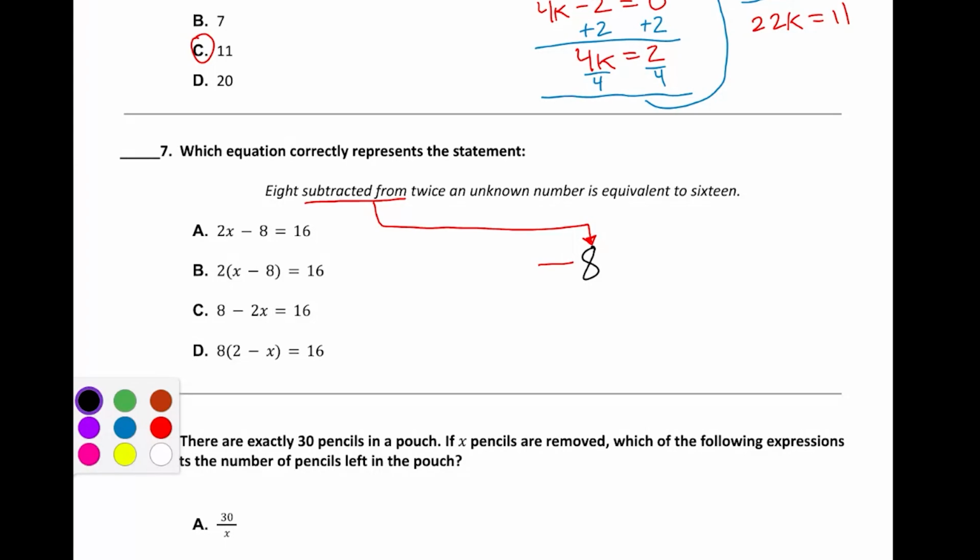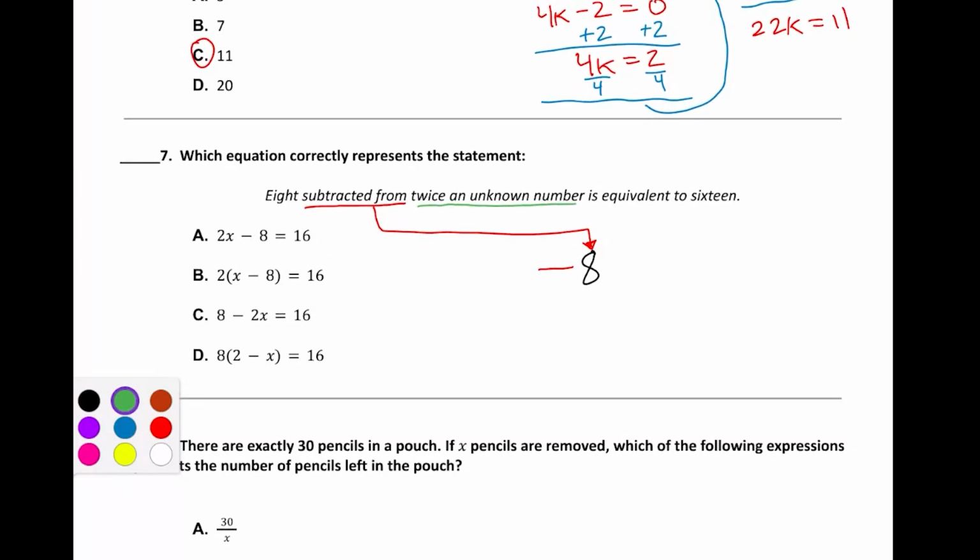For example, if this said 8 less than twice an unknown number, it would still be minus 8, even though grammatically you read it as 8 subtracted from or less than. It's just the way that this subtraction gets set up here. You just really want to be careful anytime you're setting up a word problem that has a minus in there. So anyway, 8 subtracted from twice an unknown number.